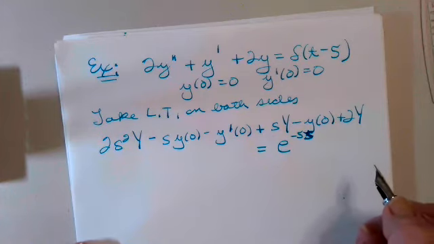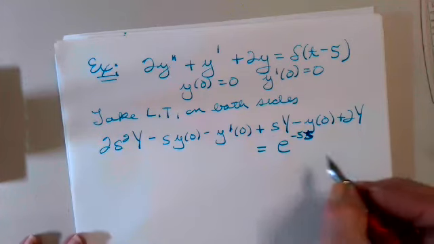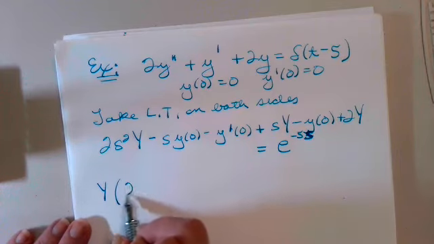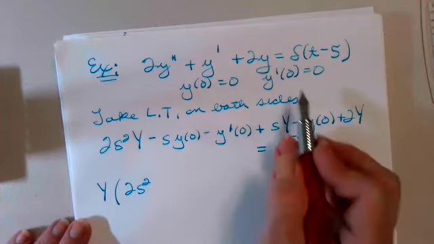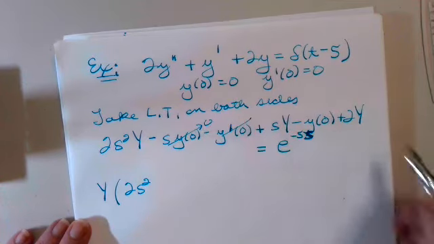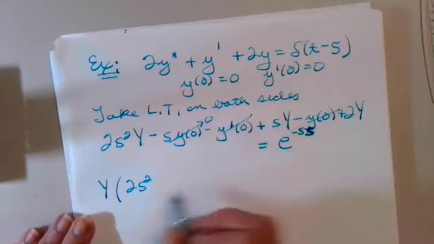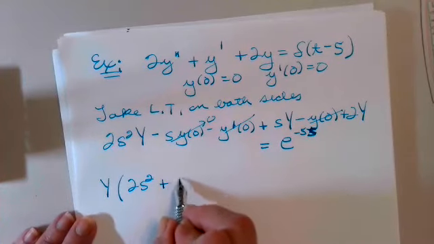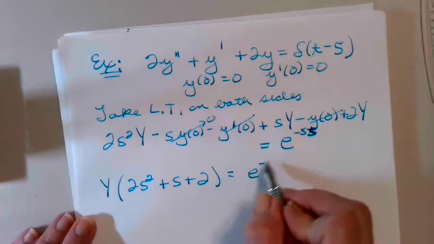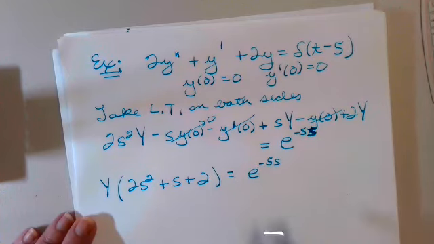Okay, all right, so let's see. What do we have then? We have Y times 2s squared. y of 0 and y prime of 0 are both 0, so this goes, and that goes. So I have Y times 2s squared plus s plus 2 is equal to e to the minus 5s.